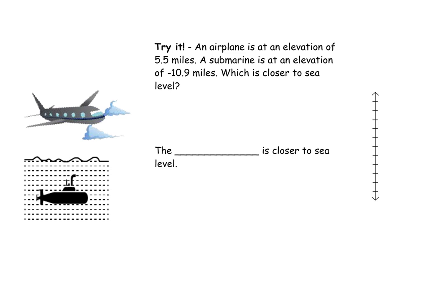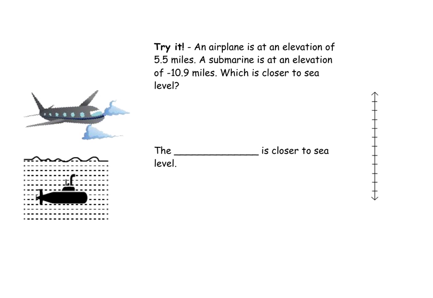All right, so for this one, let's make a number line over here. And on our number line, we'll have 0, which is sea level. 5.5 is going to be up here. And that is where our airplane is.